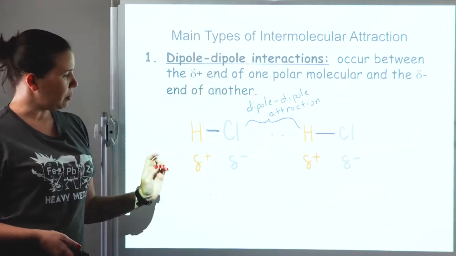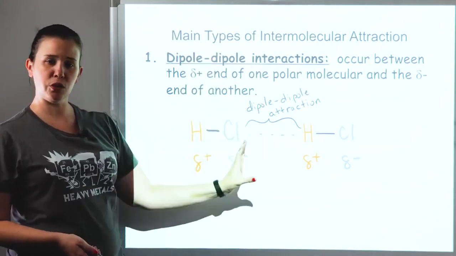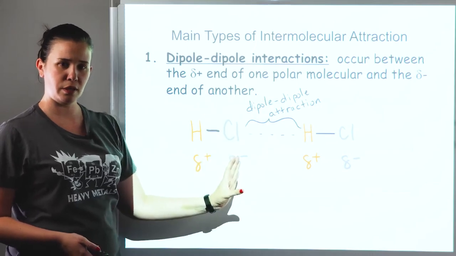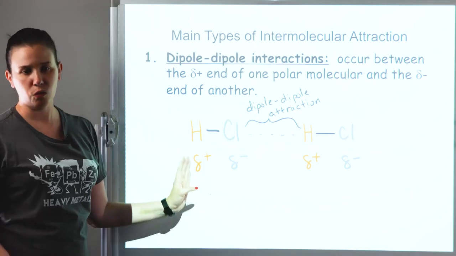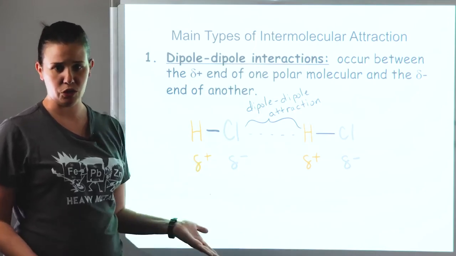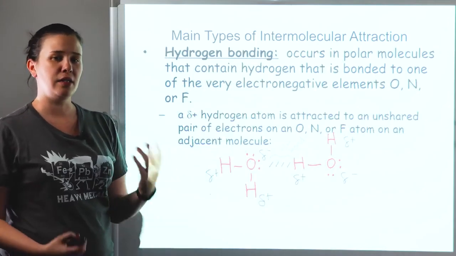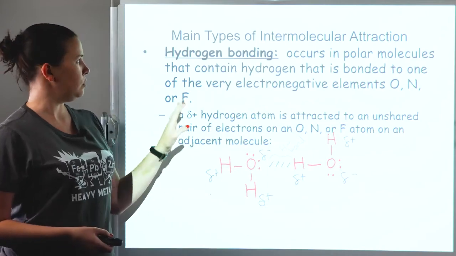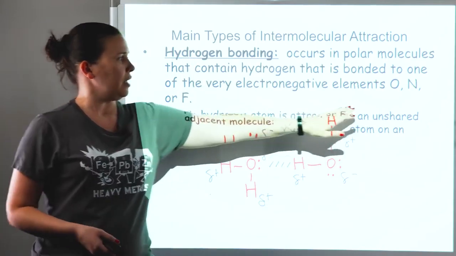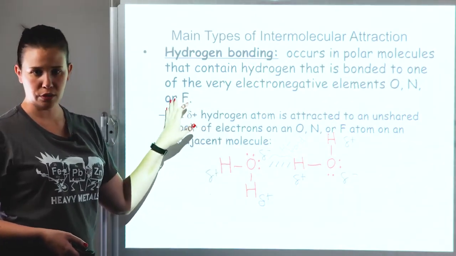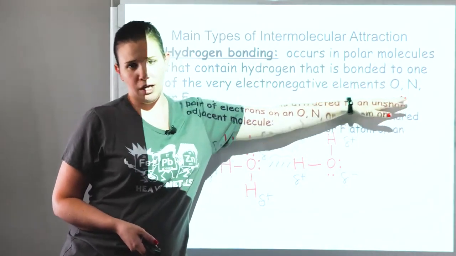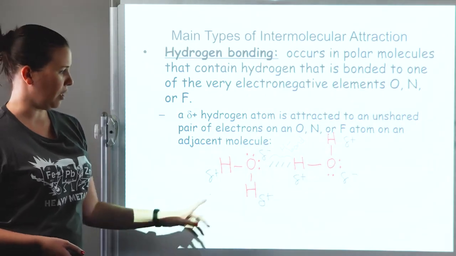There's actually a special type of bond dealing with the most electronegative elements on the periodic table and the most electropositive atom that can form a covalent bond, which is hydrogen. So we call that hydrogen bonding. That's going to be whenever you have hydrogen and oxygen, nitrogen, or fluorine, the most electronegative and very similarly high electronegative atoms.